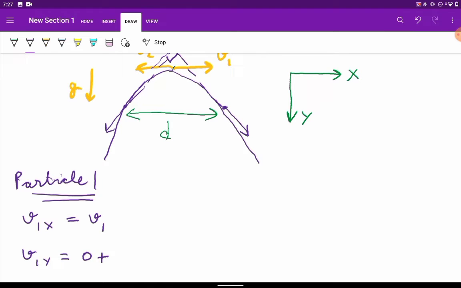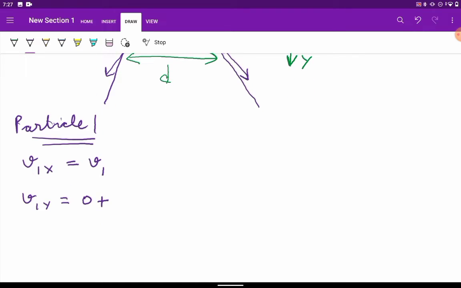Basically the acceleration is plus g because the y axis is in the downward direction, and g is also in the downward direction. 0 plus g times t, where t is the time, so gt, right?